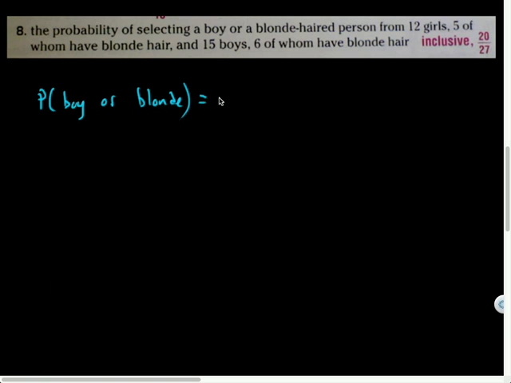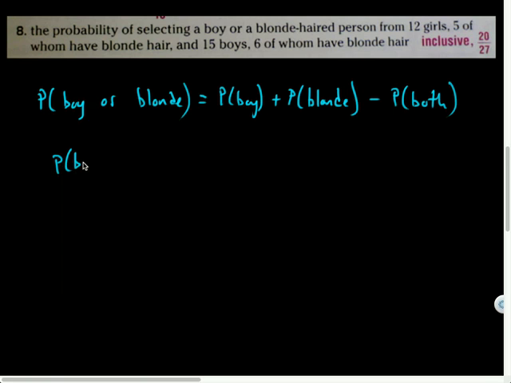So this is going to equal the probability of boy plus the probability of blonde, and I have to subtract the overlap, the probability of both occurring. Right? So let's calculate some of these. Probability of boy. How many people are we selecting? It sounds like just 1.